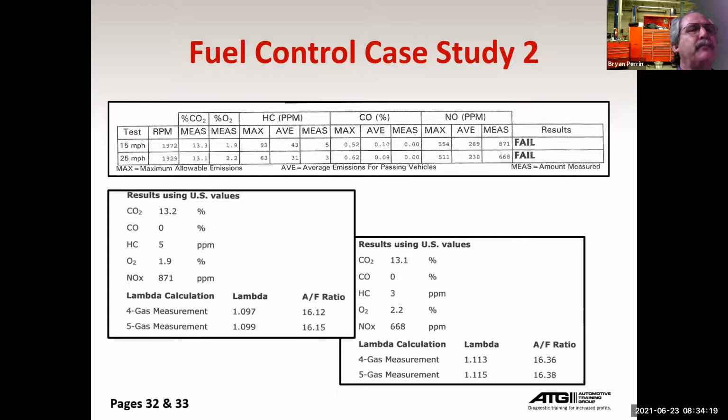So going back to what we learned, if the computer is ignoring the oxygen sensor, I'm either not in closed loop or I have another sensor overriding it. Okay, so closed loop. This is an older vehicle, a '91.